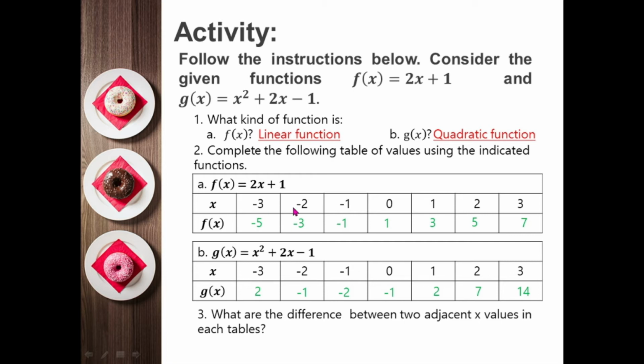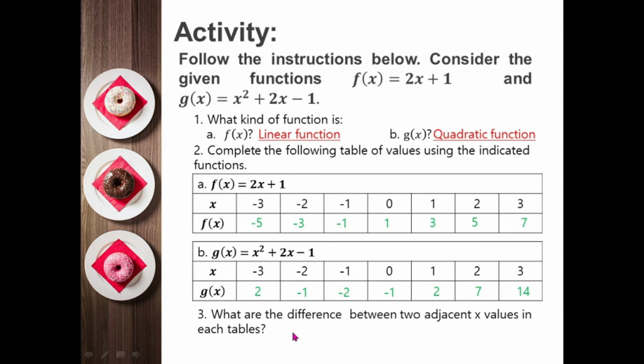So for table 1, what is the difference of the two adjacent values? Negative 1 and 0. For table 2, we have negative 3, negative 2, negative 1, 0, 1, 2, and 3. What are the differences between these two adjacent x values?